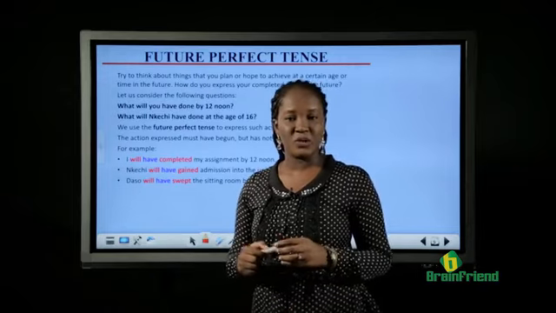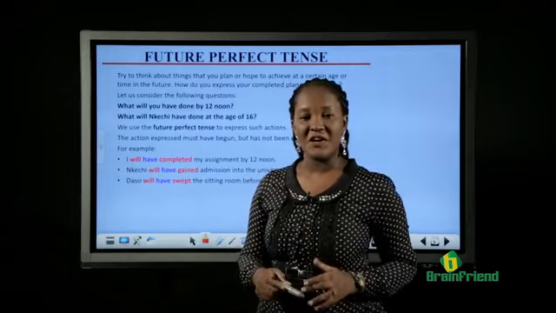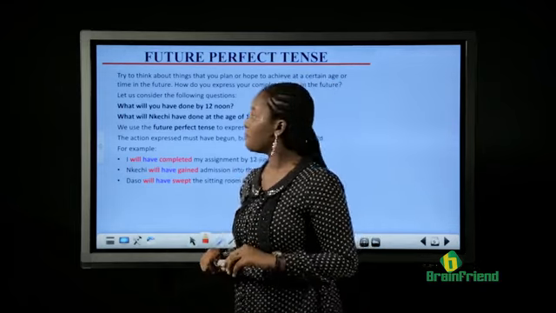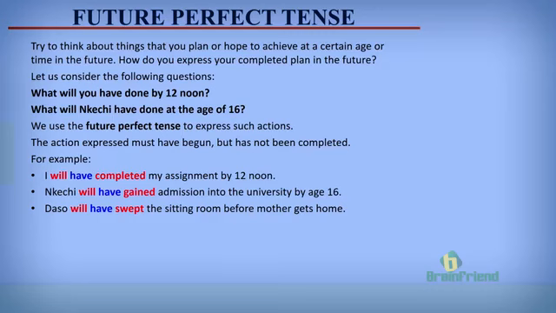Now the next tense we'll be looking at is the future perfect tense. Now what is the future perfect tense all about? Try to think about things that you plan or hope to achieve at a certain age or time in the future. How would you express your completed plan in the future?